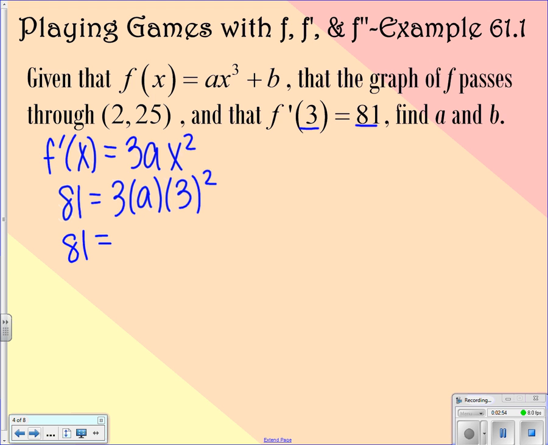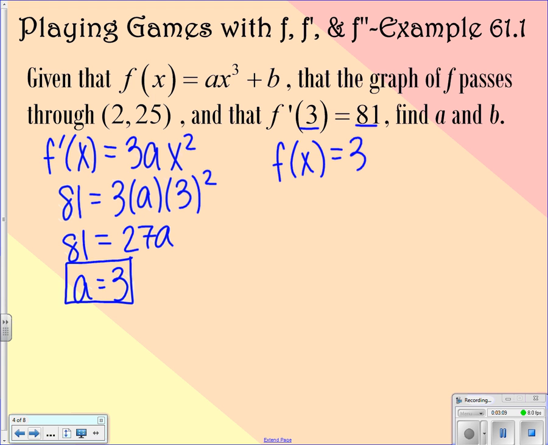So 81, and then 3 times 3 squared is 27 times a. And so our a value is equal to 3. So now our function looks like this. F of x equals 3x cubed plus b. And now we need to find our b.